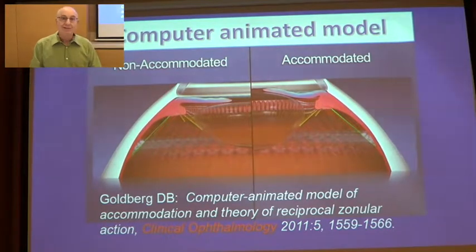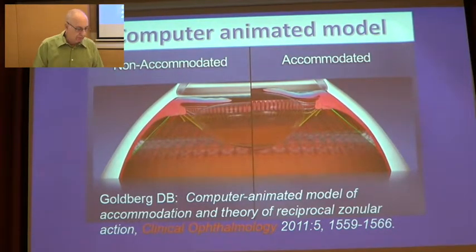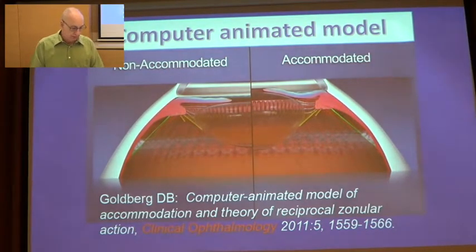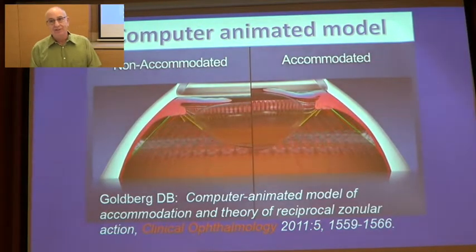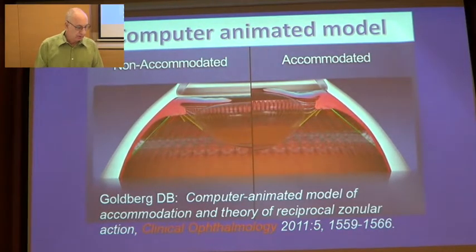In 2011, I produced the first computer-animated model of accommodation and developed the theory of reciprocal zonular action of the anterior and posterior zonules. The theory of reciprocal zonular action was developed with model-based reasoning as follows.